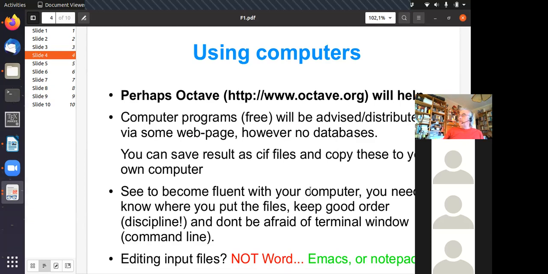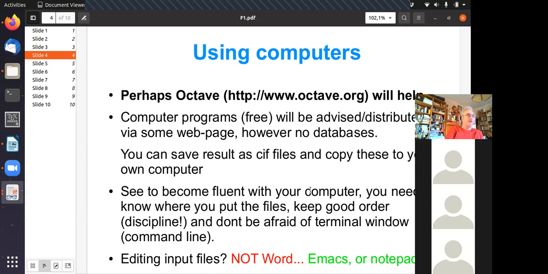Previously we have been introducing calculations a lot from software via the command line, and we will introduce a graphical user interface this year for doing crystallographic calculations, but we'll see if that works.